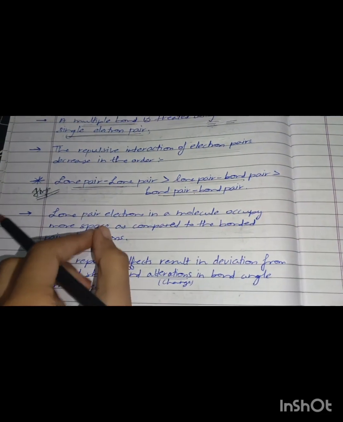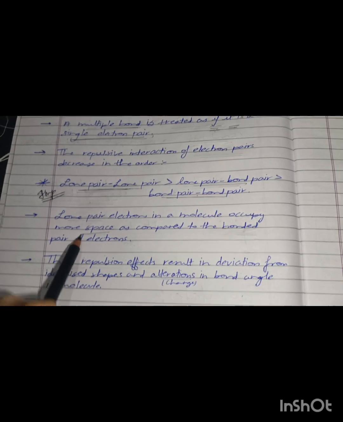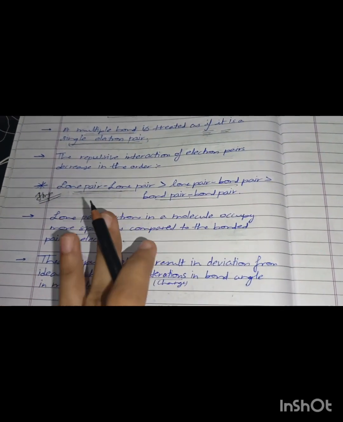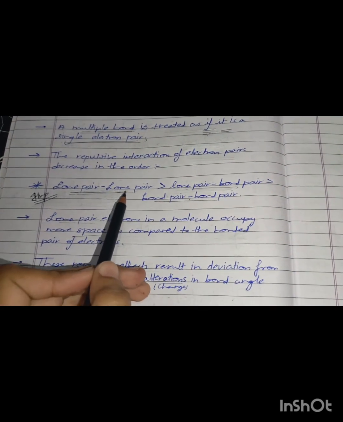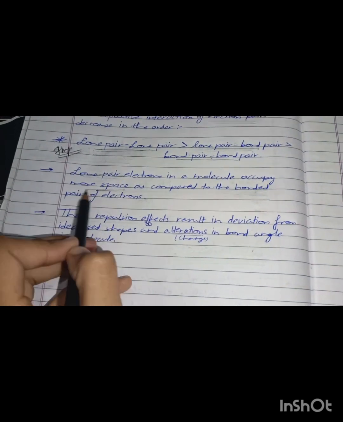If the distance between the lone pairs is more, then the repulsion between them will be less, because we know that lone pair has maximum repulsion compared to bond pair. So this is the reason that it requires more space, right?